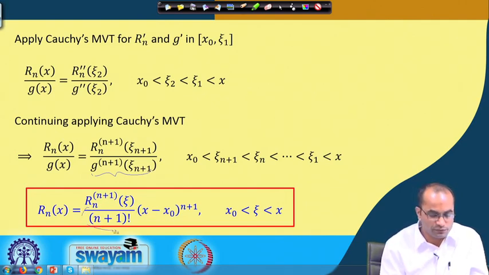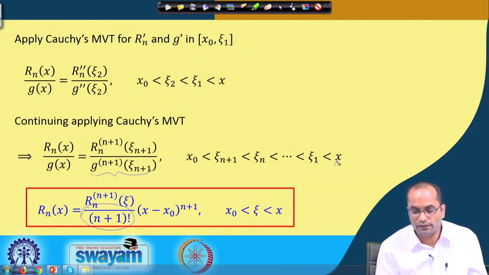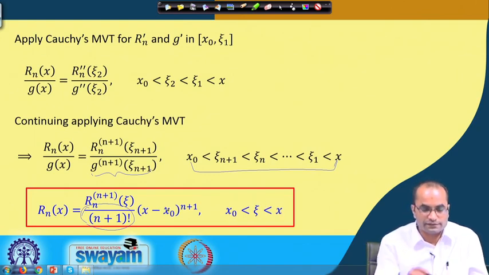So, therefore, this factorial (n+1) term came here, and then we have this g(x), which was the function (x minus x_0) to the power n+1, and this xi, which is introduced here as xi_(n+1), we have replaced just by xi, it lies somewhere between this x_0 and the point x. So, which is written here, the xi lies between x_0 and x.